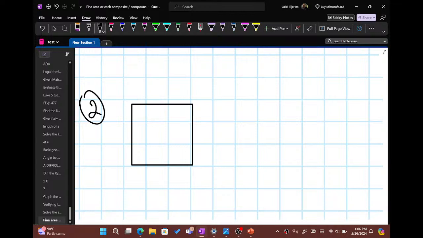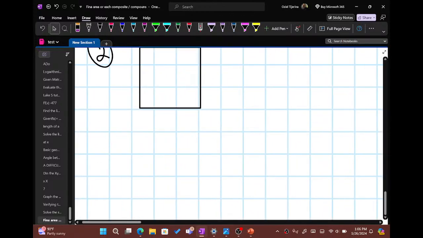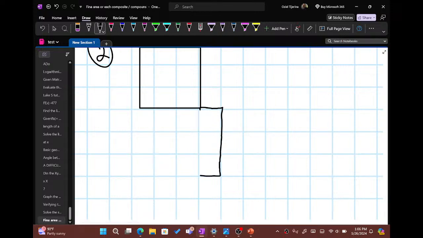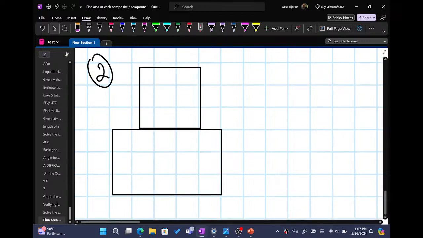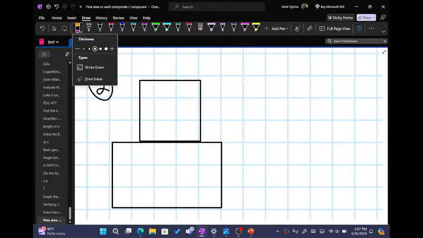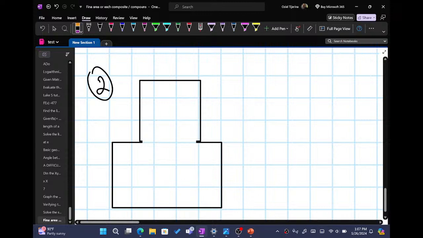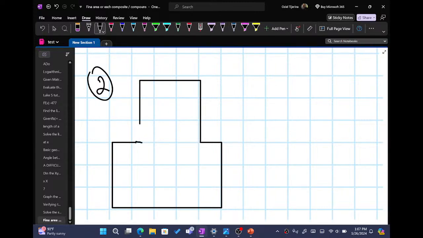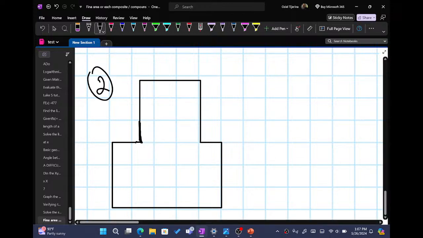And of course, like I said, these are not drawn to scale, guys. Something like this, right?